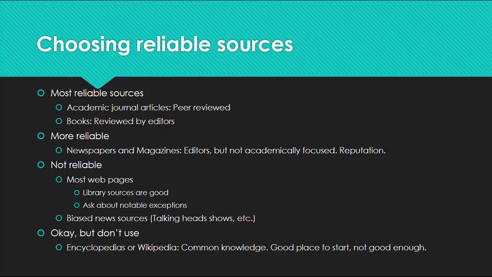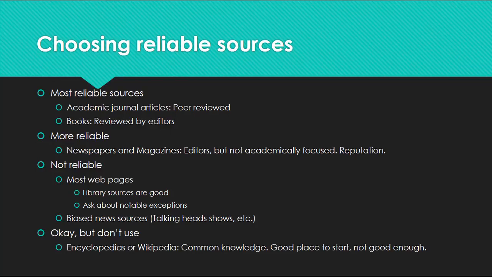They're focused on other elements, right? They might be focused on what is an exciting story, and that might make it more interesting to read, but it makes it not as good academically. When determining if a newspaper or magazine source is good, you have to rely on the reputation of that source. And that is what makes it more reliable, not most reliable.